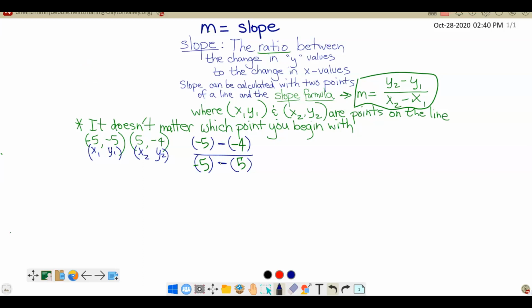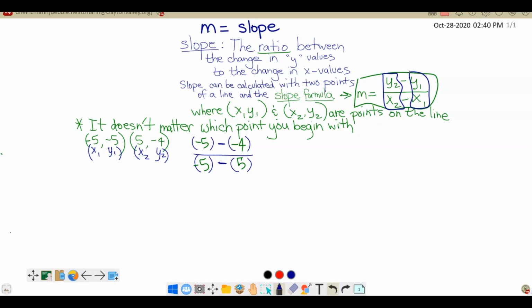The first thing I want you to note is that it doesn't matter which point you begin with, as long as you are consistent. You can see that this y2 is on top of the x2, and the y1 is on top of the x1. Super, super important.